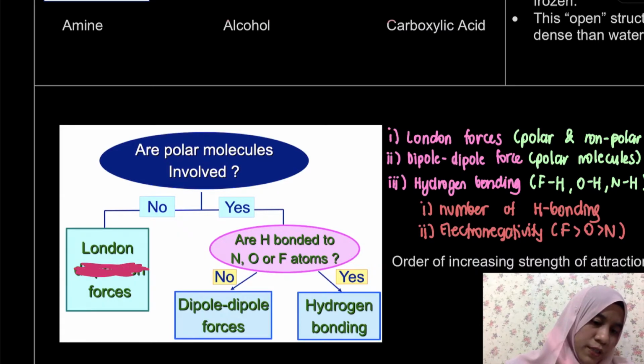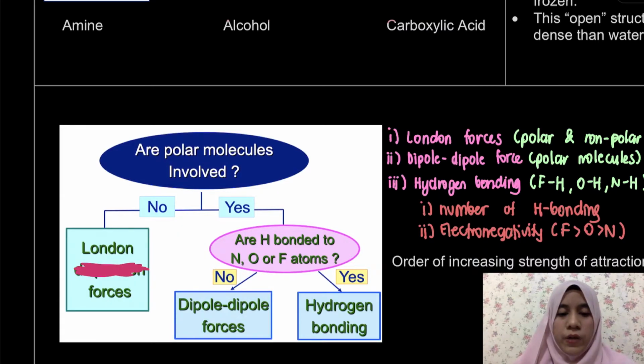But if the molecule is polar, then you have to look at whether the hydrogen is bonded to an electronegative atom or not. If the hydrogen is not bonded to an F, O or N atom, it only has dipole-dipole force. But if the hydrogen is bonded to an FON atom, it has hydrogen bonding.